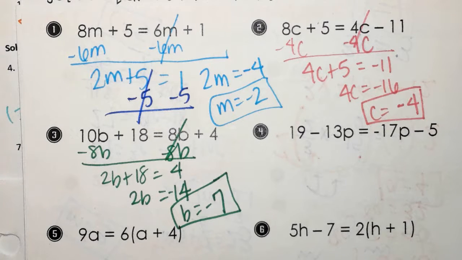I seem to be getting a positive and I seem to be getting a negative. What number? I had -6.